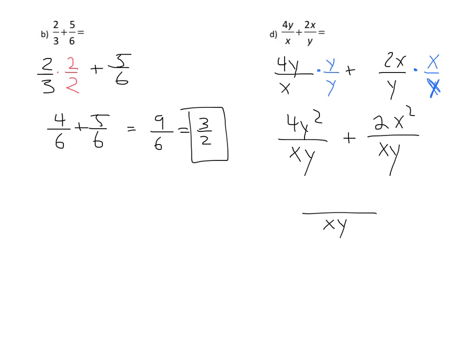The denominator is just going to be xy. Adding the tops, we get 4y squared plus 2x squared. And we check and see if we can simplify that at all. On the top, I could factor out a 2, but that won't help me simplify, so I'm not going to bother, and I just leave it like that.